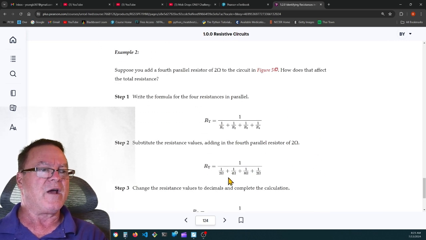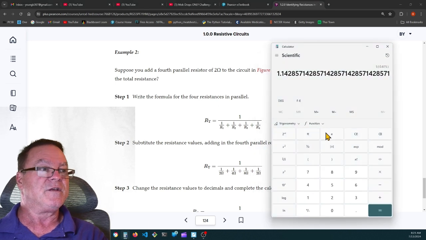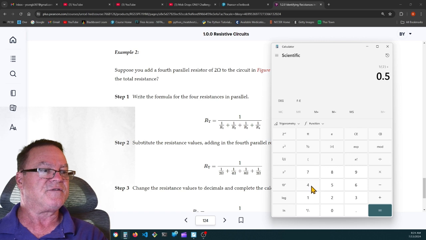Well, so now we have a 2 ohm, a 4 ohm, an 8 ohm, and another 2 ohm resistor. So let's use our calculator and see what happens to the total. We say 2 reciprocal plus 4 reciprocal plus 8 reciprocal plus another 2 ohm resistor reciprocal equals 1.375.